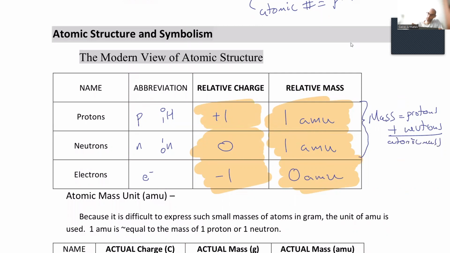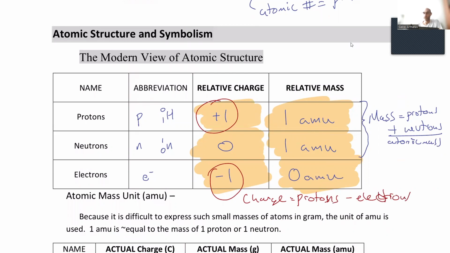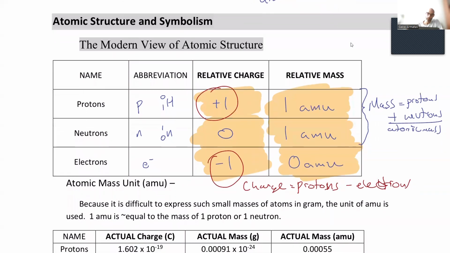But the charge, the two things that have the charge are the protons and electrons. So what that means is we have charge equal to protons minus electrons. And that's going to give us the overall charge, and we'll talk more about that in just a moment. Okay, so those are the important parts.